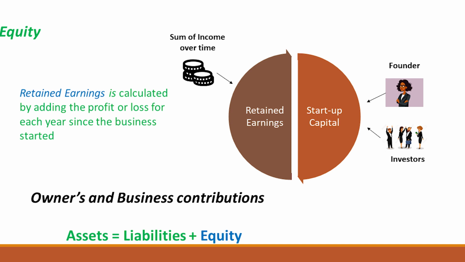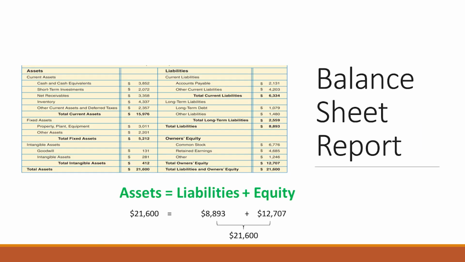It's reflecting the fact that you've been contributing money back to the business, and you've been doing that through the profits that you've been able to generate as the leader, as a founder of that business. Retained earnings is calculated by adding the profit or loss for each year since the business has been in operation. We close this out by just showing you a quick calculation. So we look at the balance sheet report, same one that we were just looking at.